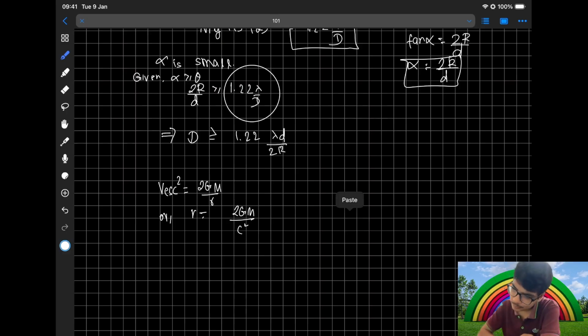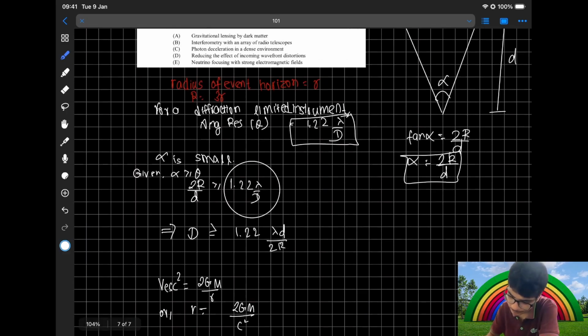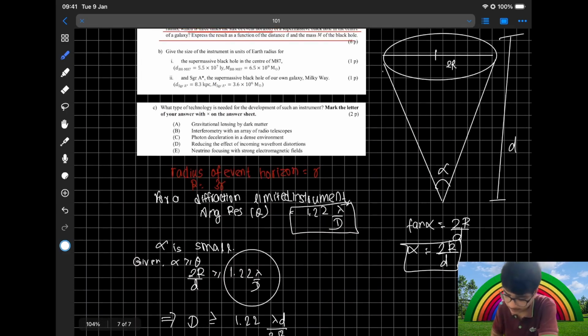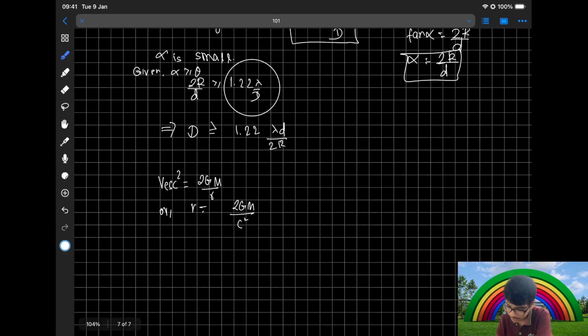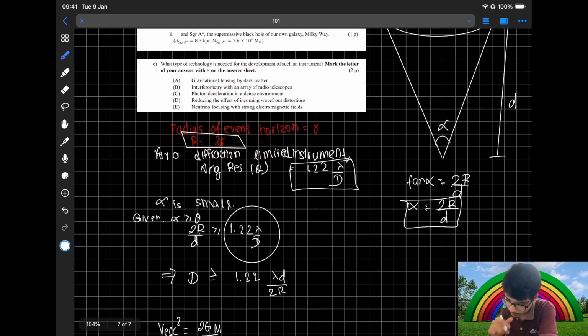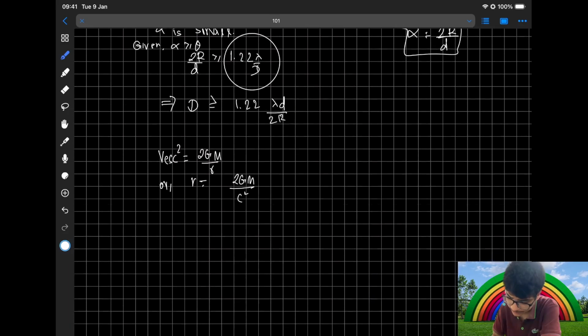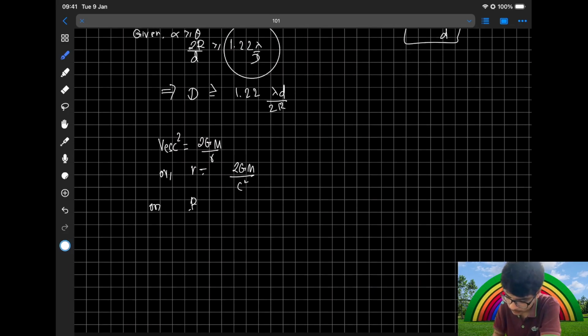Now what we have is R, in effect the photon capture radius. So it will be 3 times the event horizon radius. So in terms of R, we will have r equal to R divided by 3.